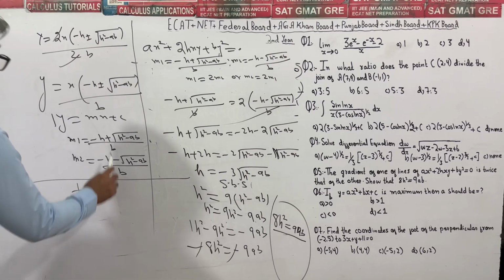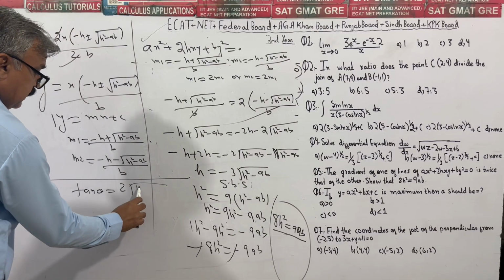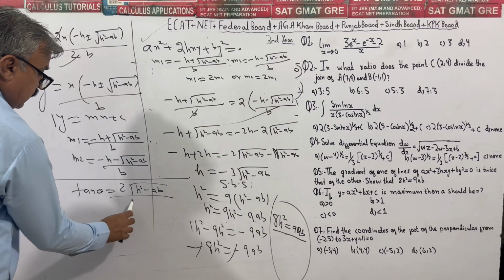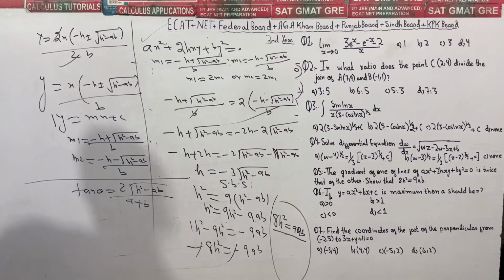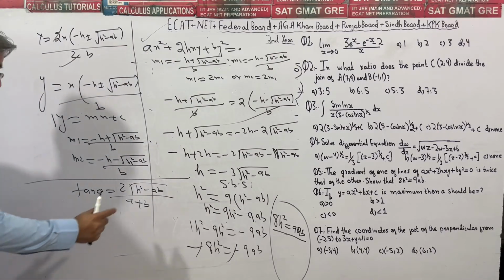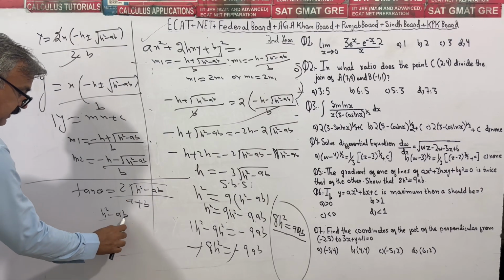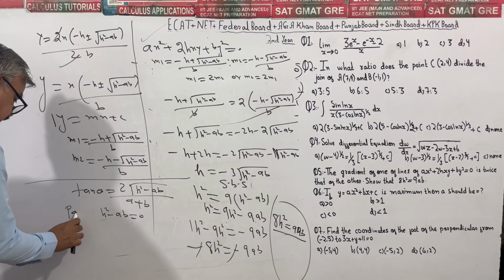For this specific equation, tan theta is equal to 2 times root h square minus ab overall a plus b. Sometimes it is asked what is the condition when the given lines are parallel? Parallel means h square minus ab is equal to 0.